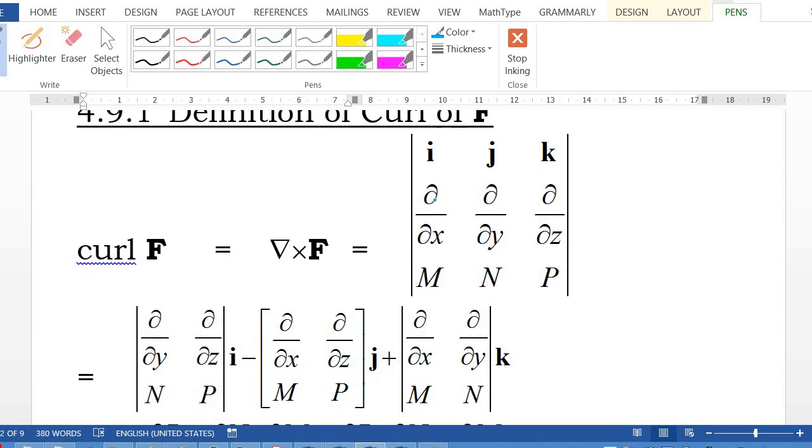The cross product of vectors results in a vector. So you have components i, j, k. To get your component i, you cross out your column i, then just left with j cross k. This is actually j cross k.